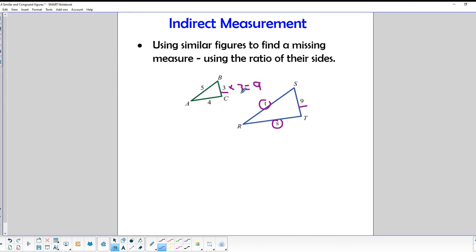So in order for this to be similar, we have to continue that same tripling of the side length. So we're going to multiply this by 3 and this by 3, and that's going to give us a side length of t of 15 and a side length of s of 12. So there are our 3 side lengths in order to make those the same ratios.